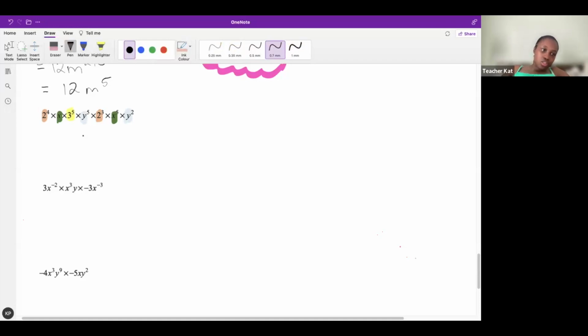So now we're going to start off with the base of 2. Okay, so I have 2 of them there. They're both positive, so my answer is going to be positive. So I have a 2 to the power of 4 plus 3. I'm just going to write first what we are adding. Times 3 doesn't have a partner, so it's just 3 to the power of 5.